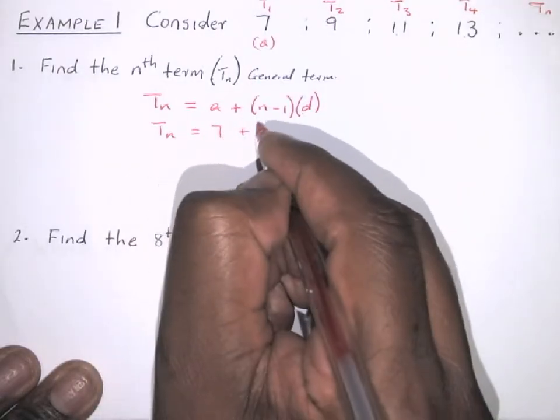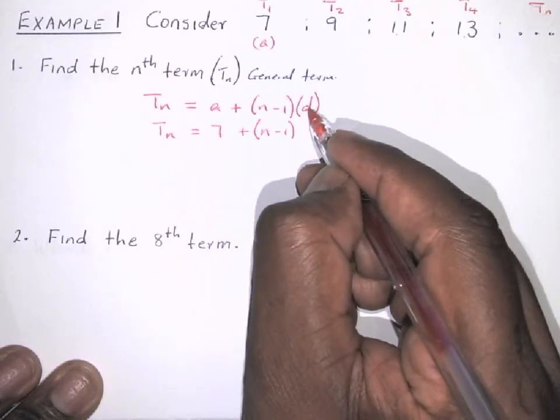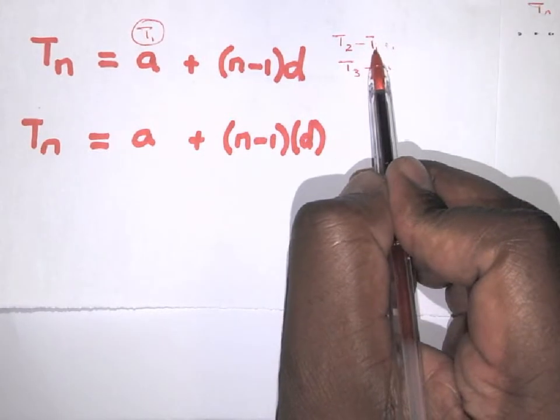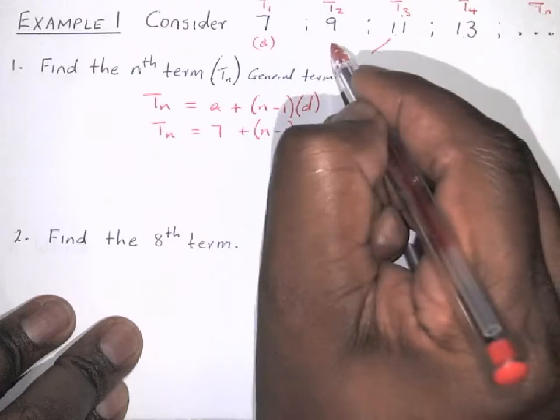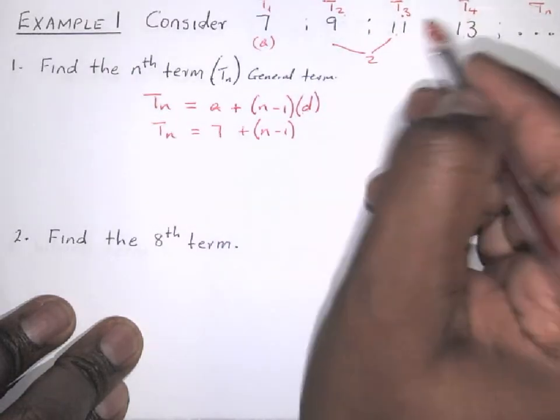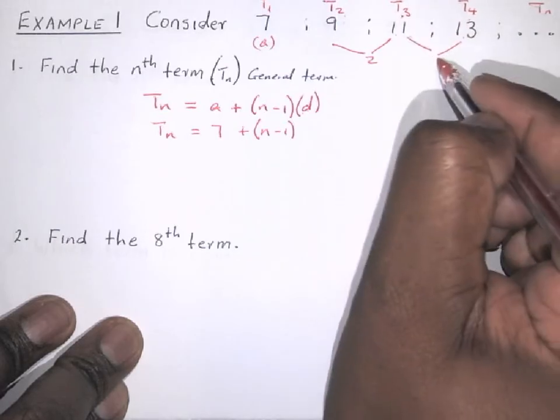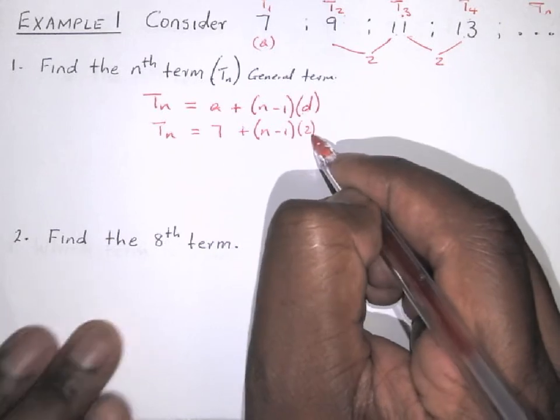So it's 7 plus the n minus 1. Then the d is the difference. We said to find the difference is either I take term 2 subtract term 1 or term 3 subtract term 2. So I can say term 3 subtract term 2, that minus that gives me a 2. You can even take this one here, 13 minus 11, you get 2. So the difference there is 2, a common difference.